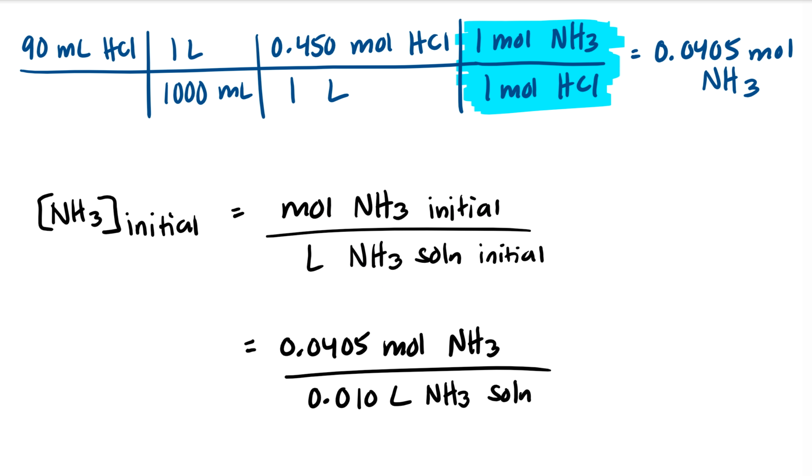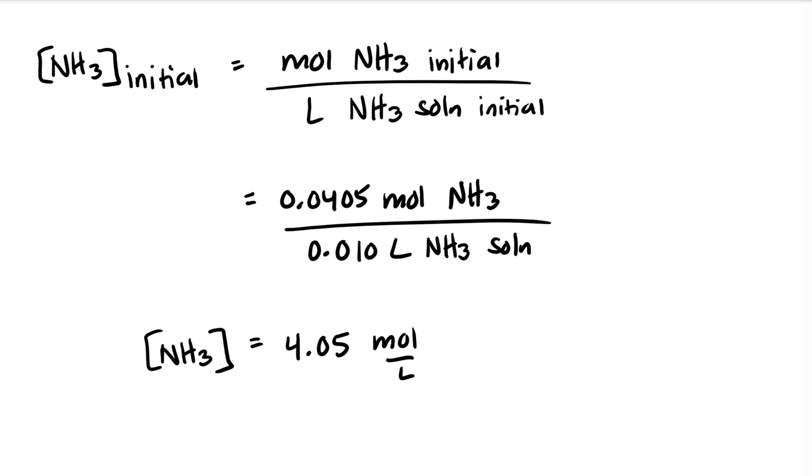We solved from our stoichiometry that there were 0.0405 moles of ammonia initially in the solution in the flask, and the problem told me that we placed 10 milliliters of that solution in the flask. So I converted that over to liters, so we get 0.010 liters. So I divide these two numbers and I will have the molar concentration of the original ammonia solution.